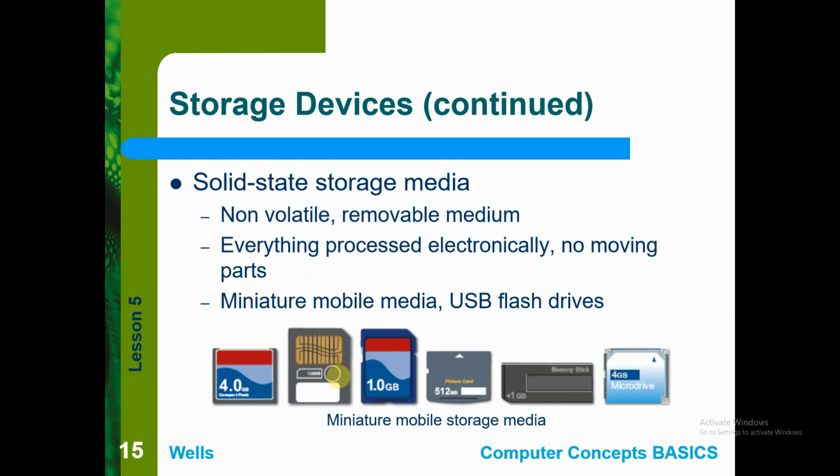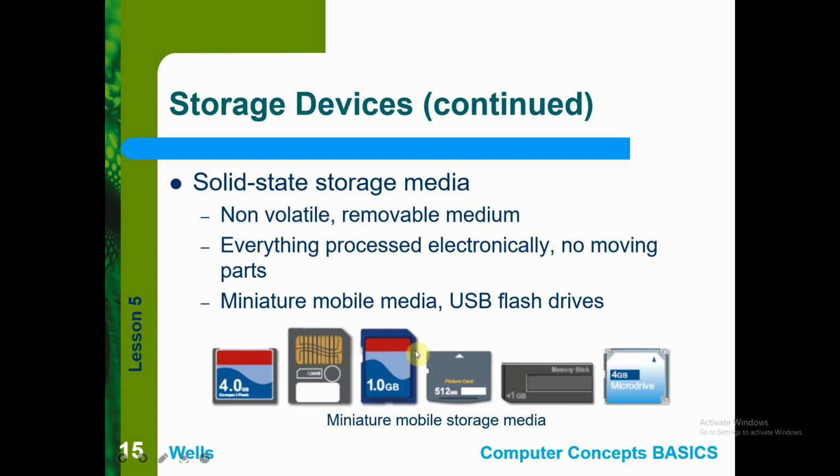So solid state devices are non-volatile and removable media, and they are processed electronically. They have non-moving parts and are usually used for flash drives and miniature mobile media. These are examples. You can see them in our cameras and cellphones, where we also have this storage, even embedded, though some are removable like flash drives.